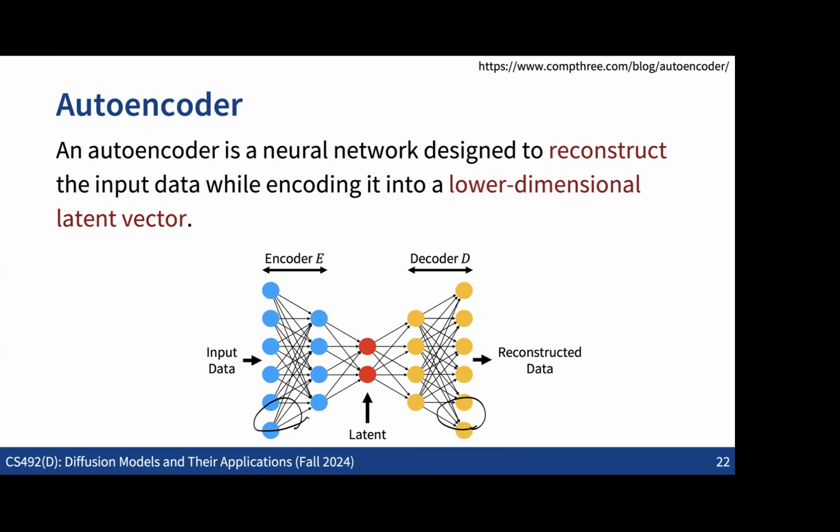So the purpose of the autoencoder is basically making a neural network that can compress some given input data, right? So the basic idea of the autoencoder is that we are mapping the given input data into some kind of latent variable such that it can also be reconstructed back to the input data, right?